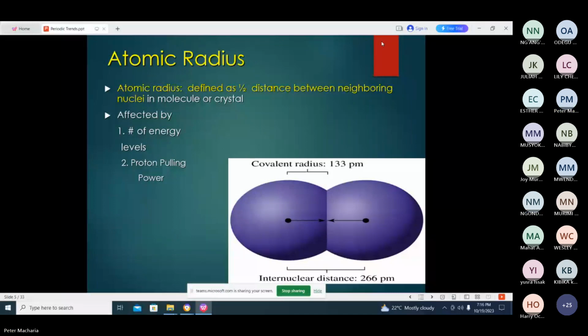For example, elements like fluorine, chlorine, oxygen exist as diatomic molecules, isn't it?